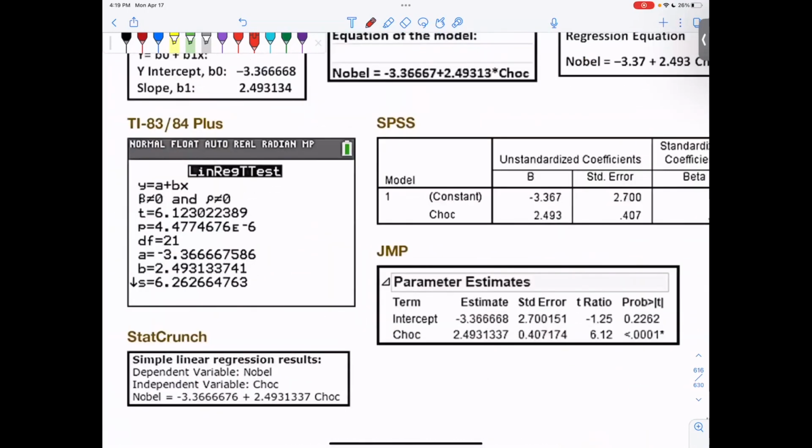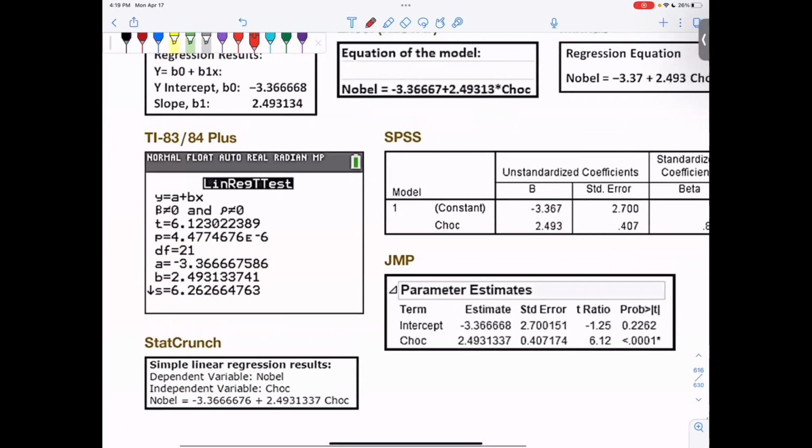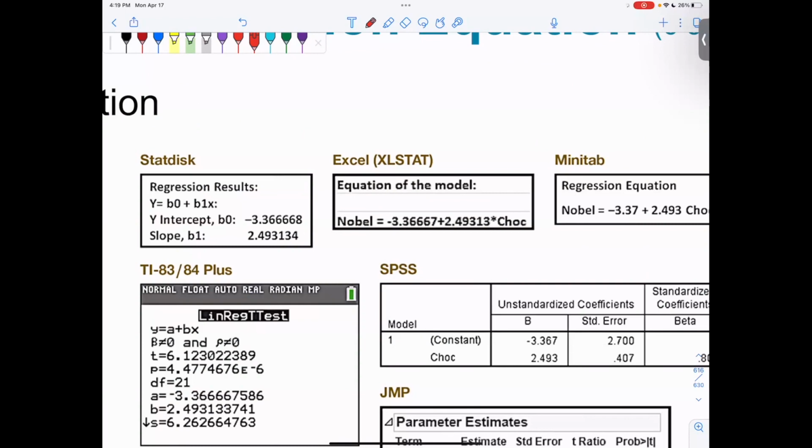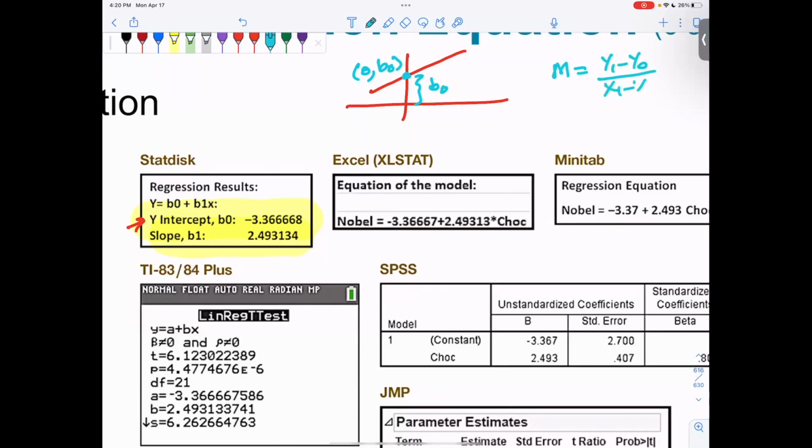So going to technology, you will see the results here. For example, let's say StatDisk here. So this is the y-intercept. So by the way, when we find that this point is 0 and beta 0, this distance is beta 0, which is the y-intercept. And beta 1 is the slope. If you remember the slope from a long time ago, it's y1 minus y0 divided by x1 minus x0.